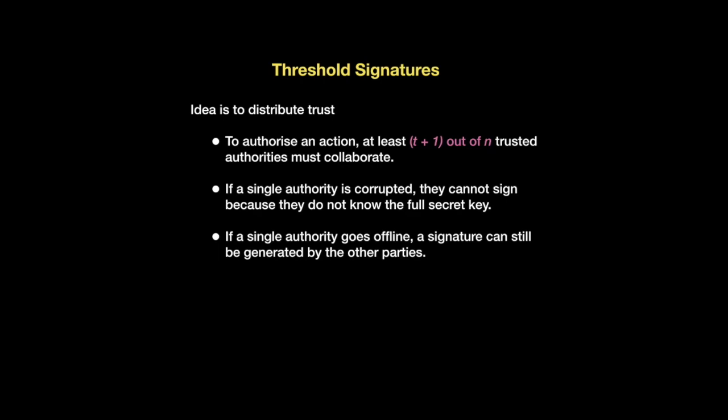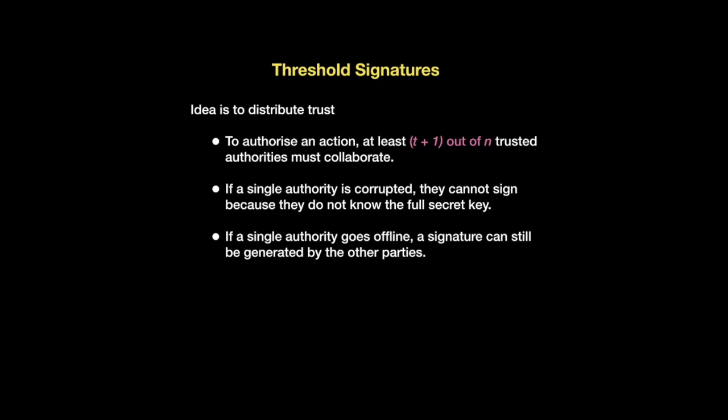If we're instead in a setting where there is some kind of shared secret key, a classic one in the cryptocurrency space would be if you don't want to be keeping hold of your own secret key, but you don't want to trust a single other person to do that for you, you might distribute the key over lots of different people and say that I'm not going to trust any one of you individually, but provided a threshold, enough of a majority of people are there and generate the signature, then I'm okay with that being a valid signature.